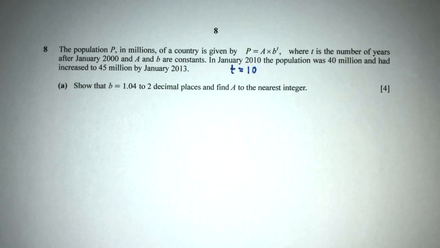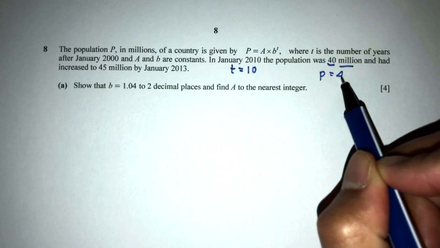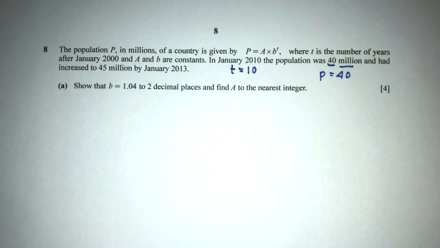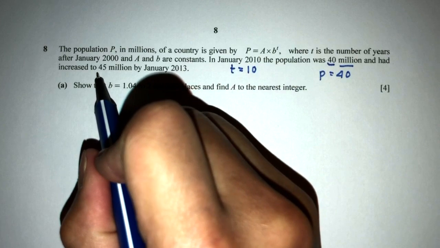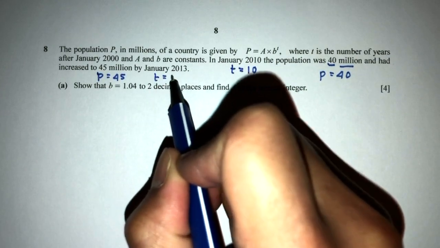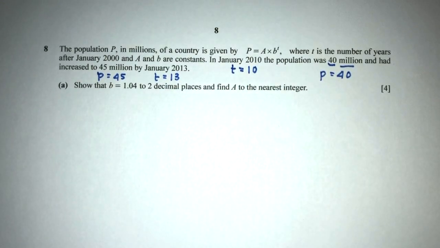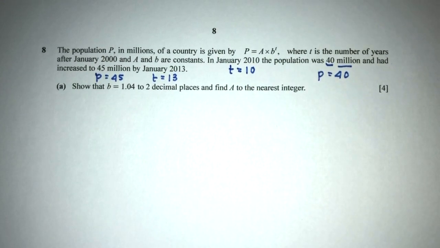The population was 40 million. So P was 40 million and had increased to 45 million by this time, so P was 45 when t equals 13. Okay, that's the information we can derive from that line.